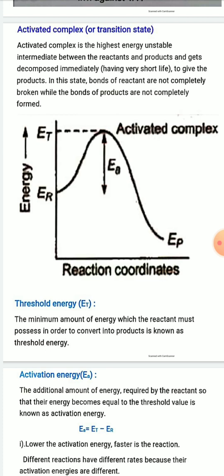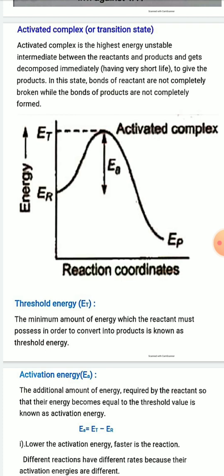It is an intermediate between reactant and product having high energy. In this activated complex, the bonds of reactant are not completely broken, while the bonds of product are not completely formed.